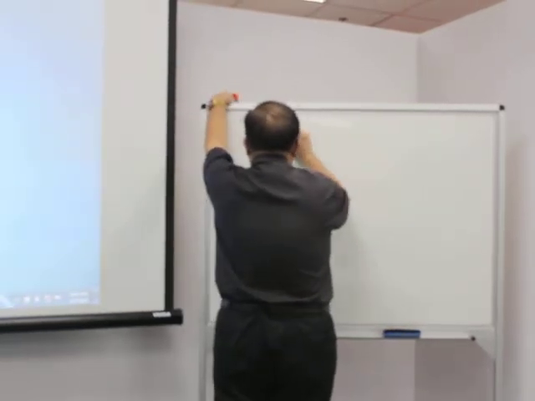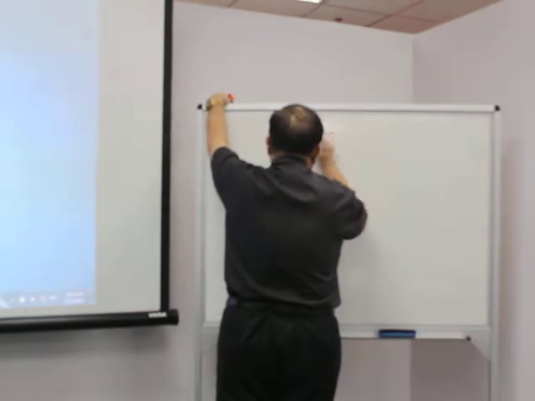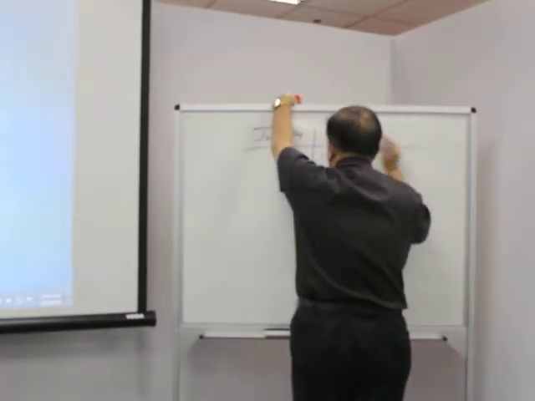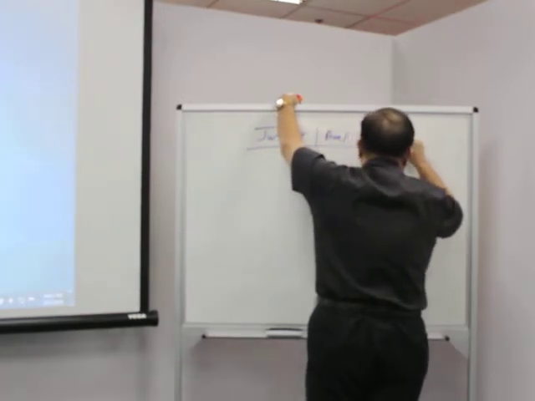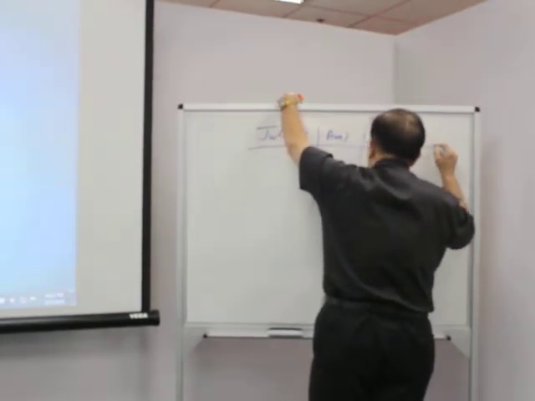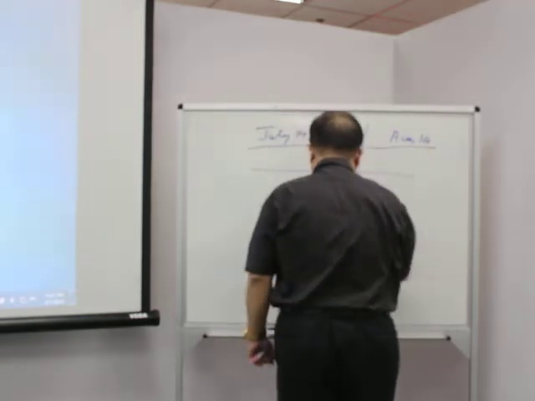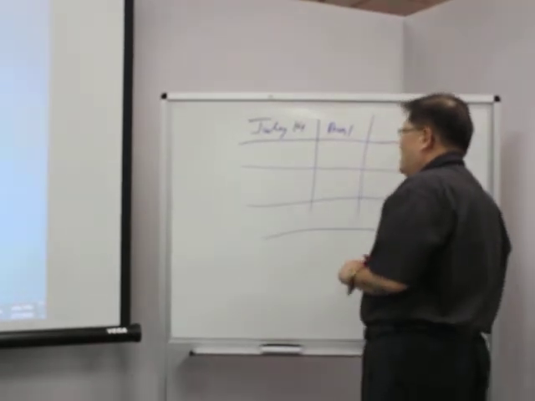A calendar is very simple. Let's say you buy July options and August options. So what is a calendar?